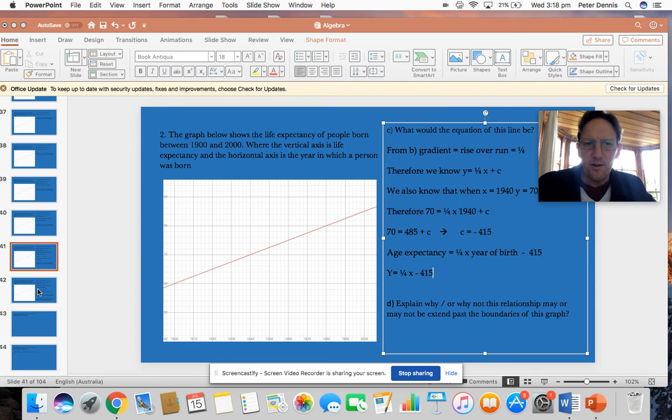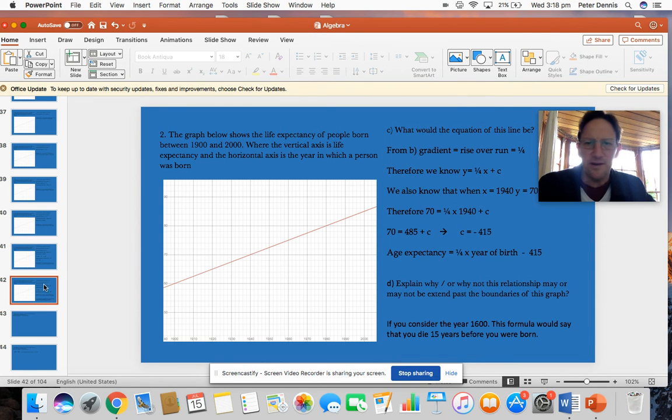What would happen going the other way, though? If you consider the year 1600, if you put 1600 into this formula here, 1/4 of 1600 is 400. So your life expectancy would be 1/4 of 1600 minus 415.